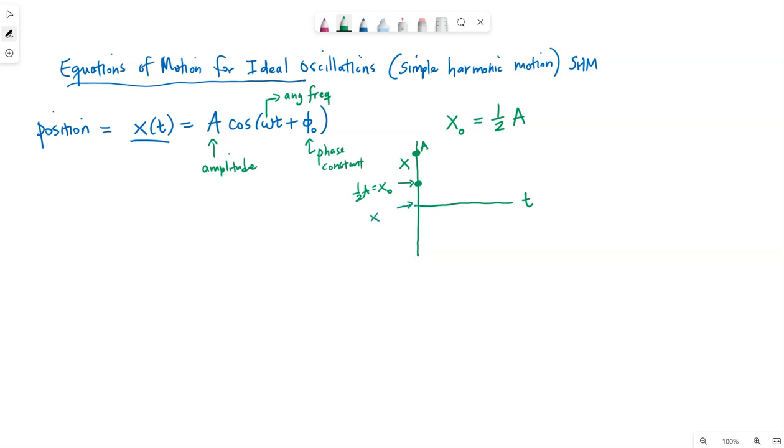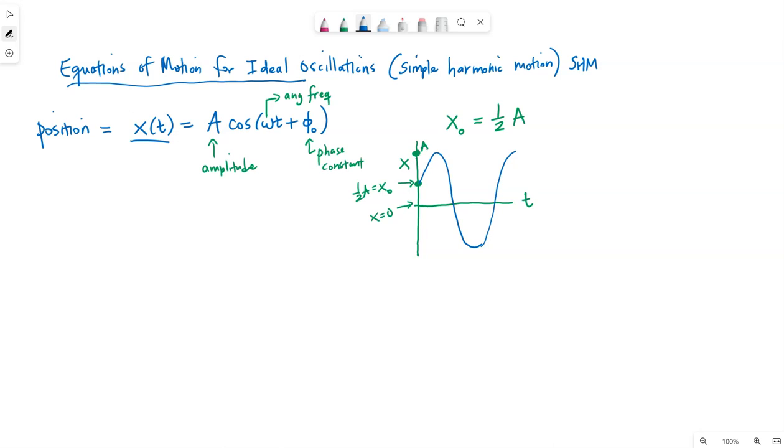Equilibrium is x equals 0, so the mass would be passing through its equilibrium position. There are two situations that could be true. The mass could be initially at that halfway location and traveling upwards towards its maximum displacement on that positive side.